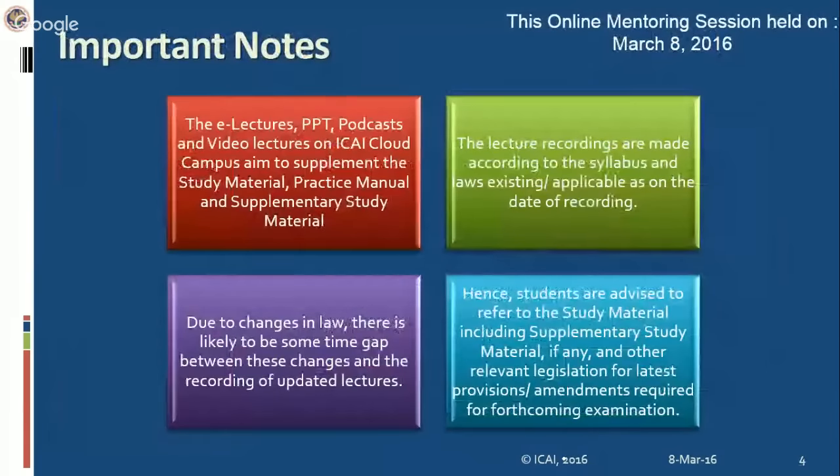Yes, students, you are advised to refer to the study material, including supplementary, if any, and other relevant legislations for latest provisions, amendments required for forthcoming examination.